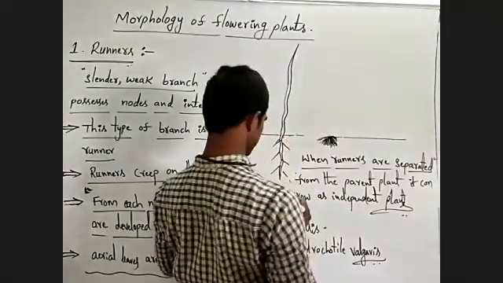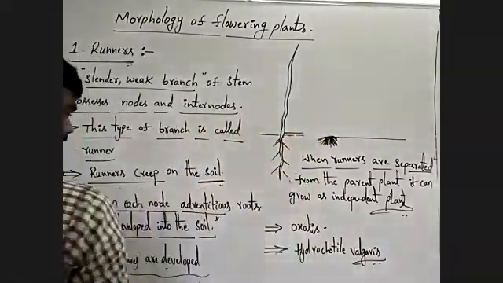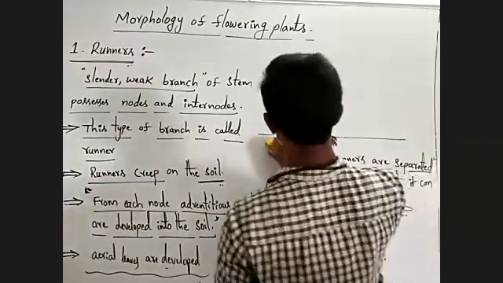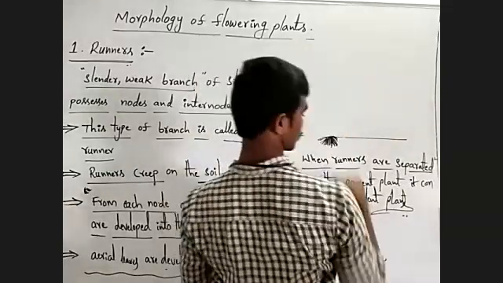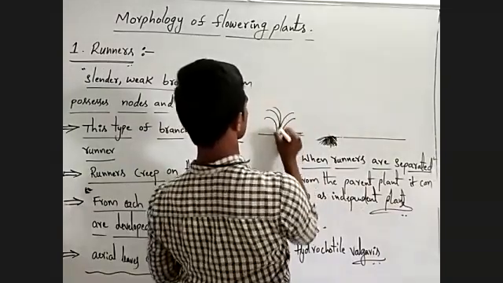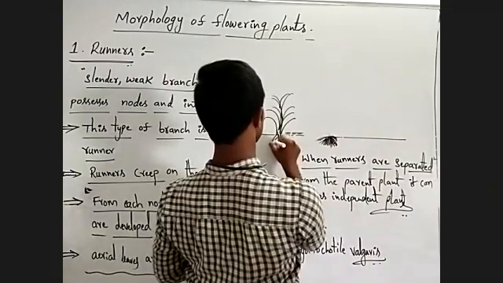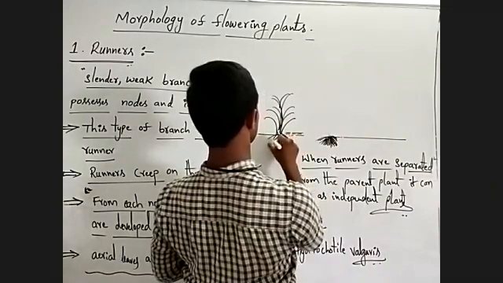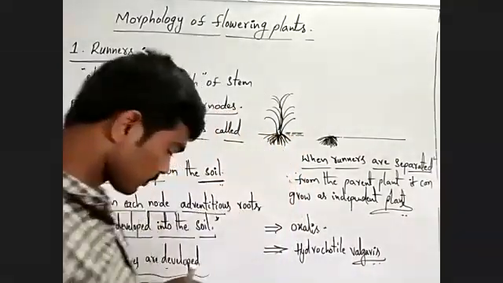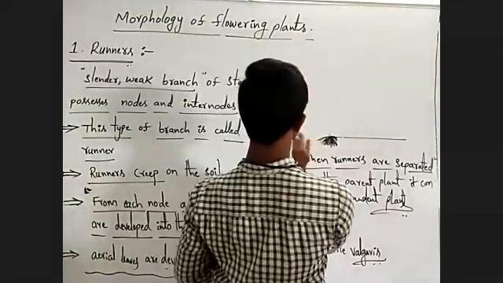Lateral branches are developed. For example, imagine it is a plant.